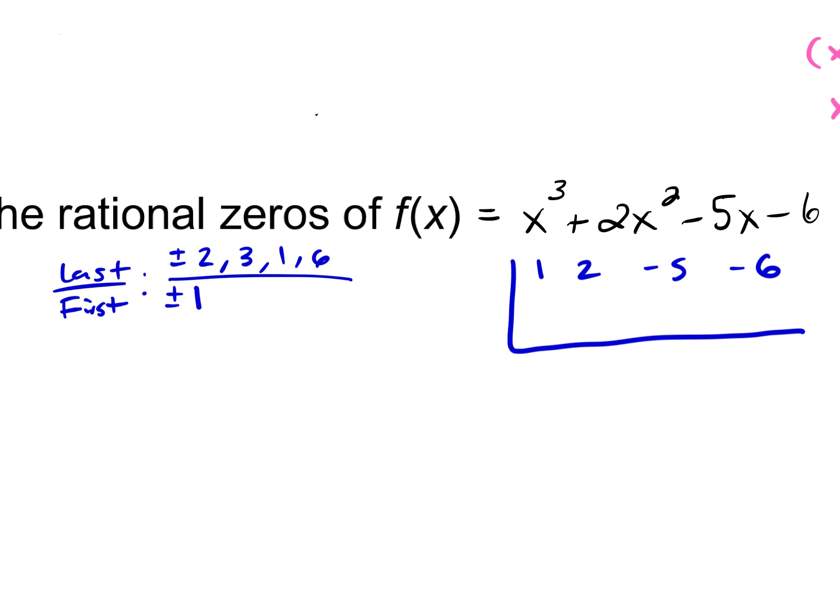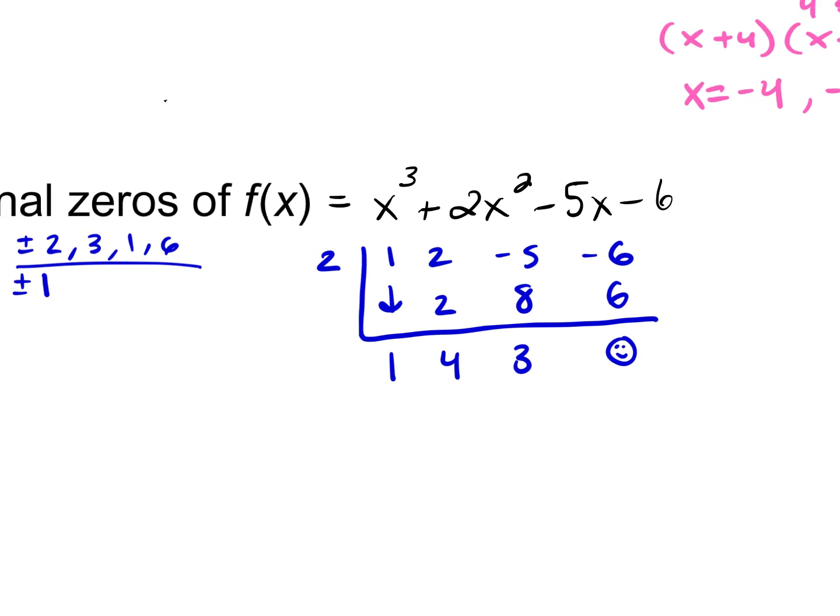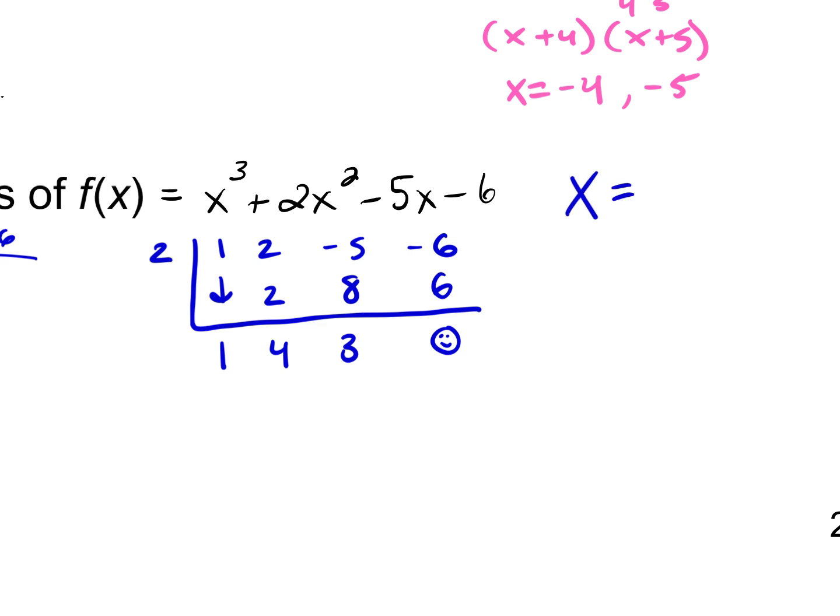What do you want to try first? 2? Is that what you said? Sure, let's try 2. Drop down the 1, multiply, add, we get 4, multiply 8, add, we get 3, multiply 6, add 0. Does it work? Yeah, so what's one of our answers? X equals what? 2. How many answers are we looking for here? 3 answers. So we got 2 more left to find.